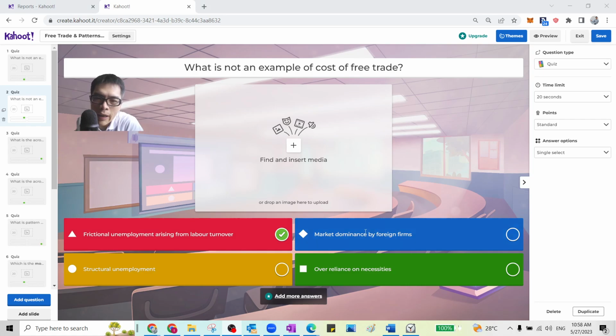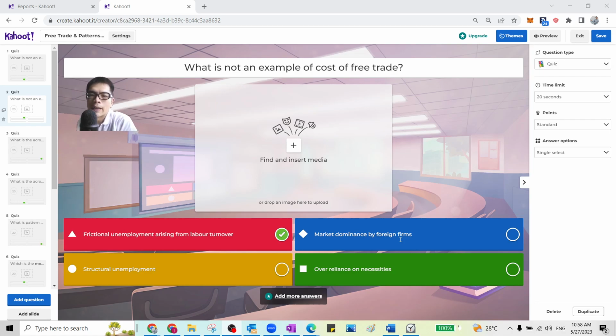So why is market dominance by foreign firms a potential cause? When there is access to free trade, foreign firms may be selling goods and services allegedly lower than their cost of production. In the future, we'll be learning this concept known as dumping.